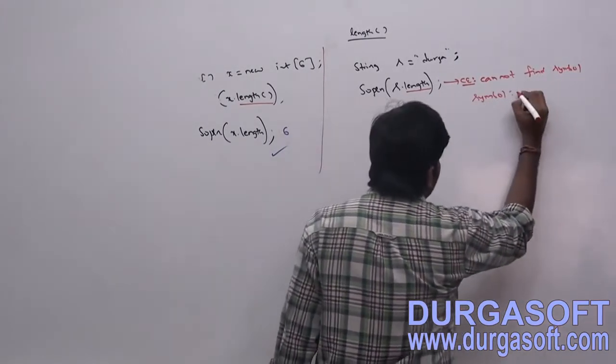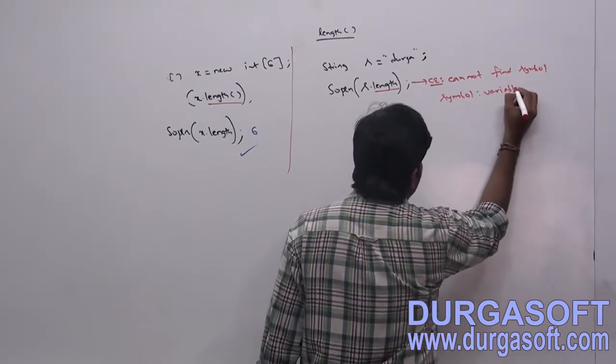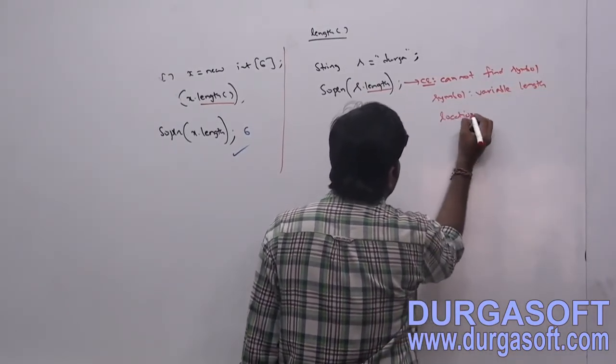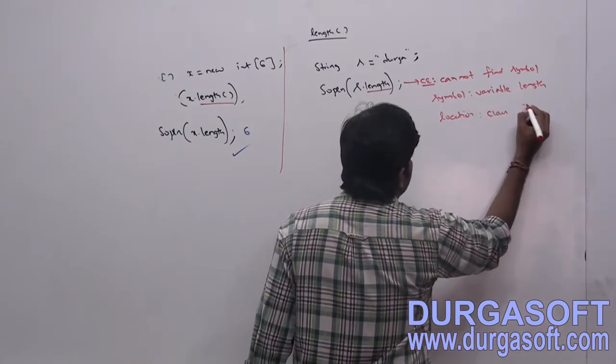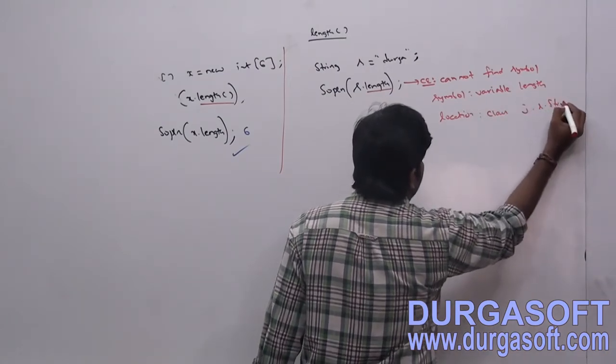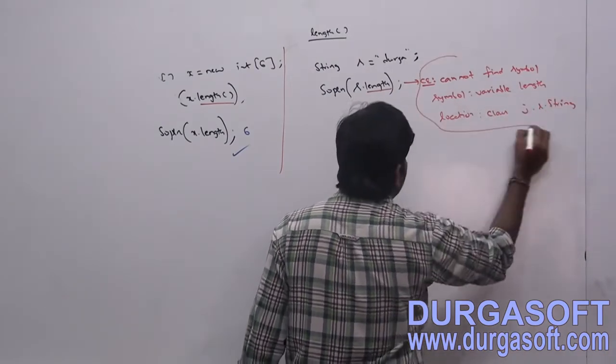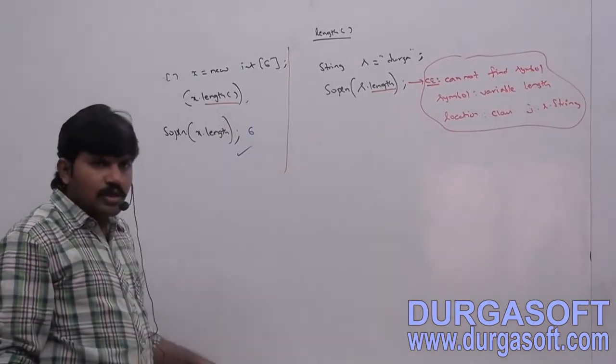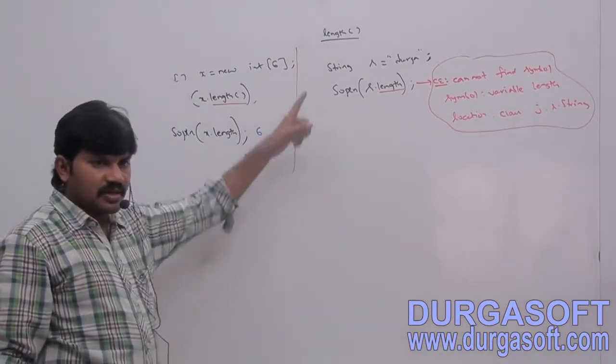Which symbol? Variable length. In which location? Class java.lang.String. Are you getting it? Cannot find symbol, which symbol is nothing but variable length, location class java.lang.String. Is it clear?